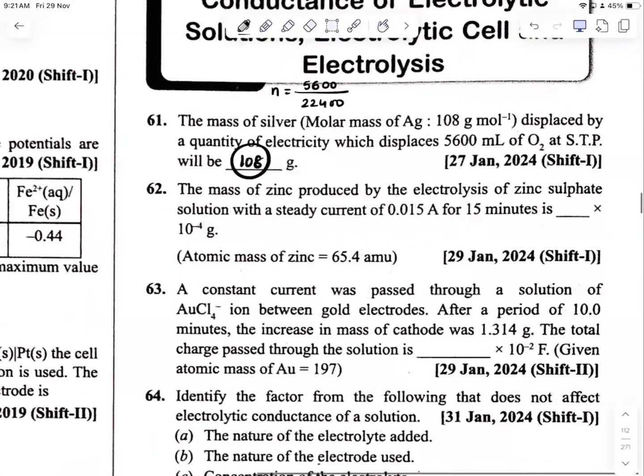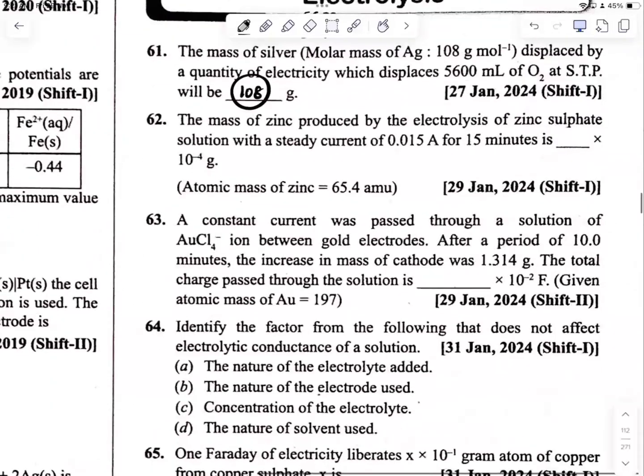Okay. Next. The mass of zinc produced by the electrolysis of zinc sulfate solution with a steady current of this much for 15 minutes is how much? Okay. So, how much is the mass produced?